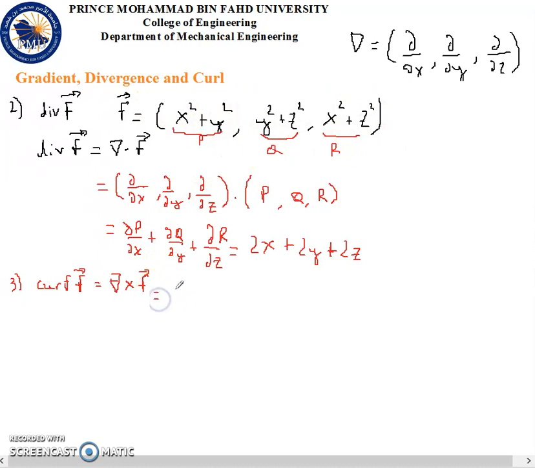So this will be equal to the determinant of i, which is the unit vector on the x-axis, j, the unit vector on the y-axis, and k, the unit vector on the z-axis. And here we have nabla, so del x, del y, del z, and in the last row we have the components of the f vector, the P, Q, and R.